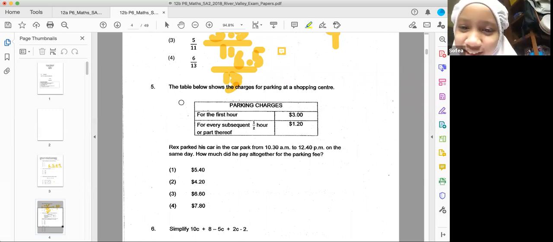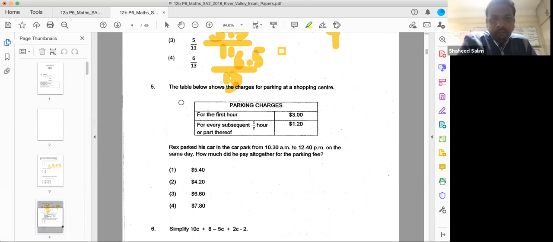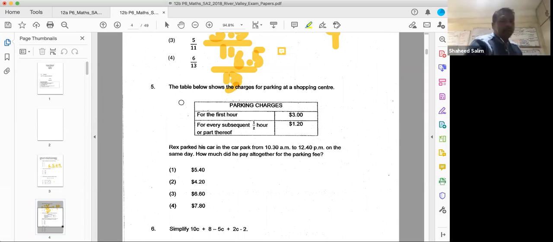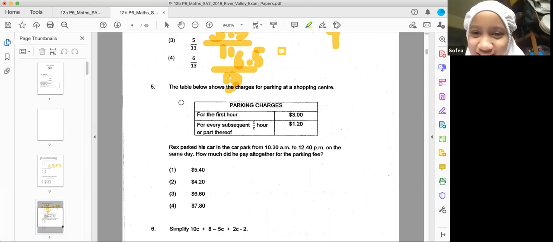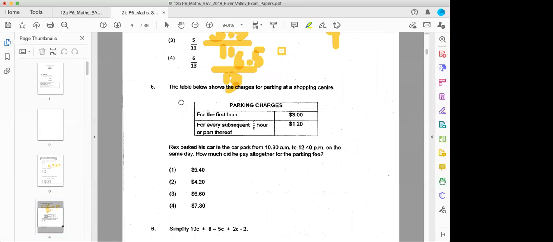Right, the girl Natasha, the one that got 294, got everything A star. The highest PSLE scorer in the whole of Singapore, and she is a Malay.